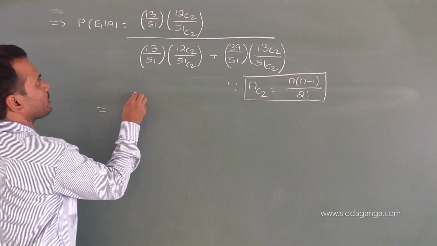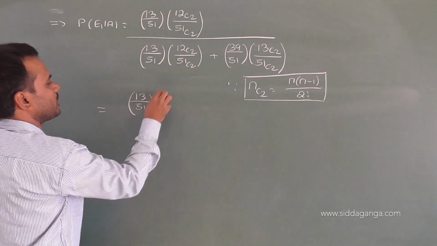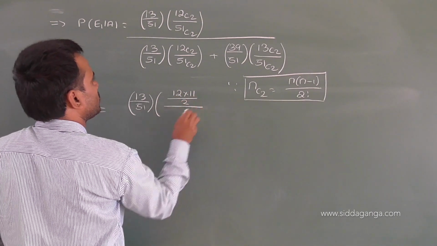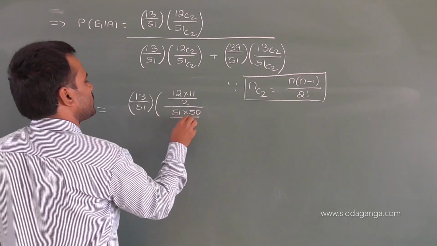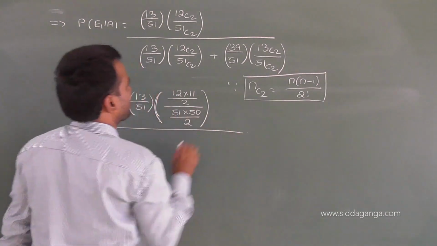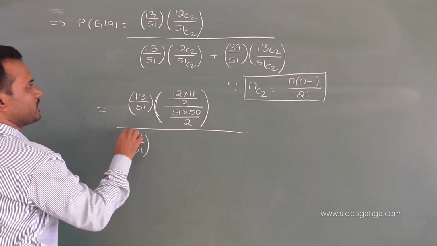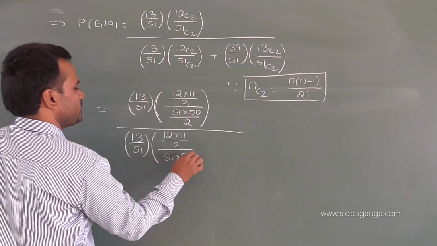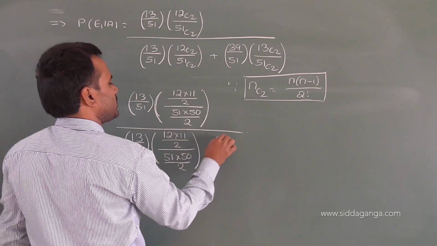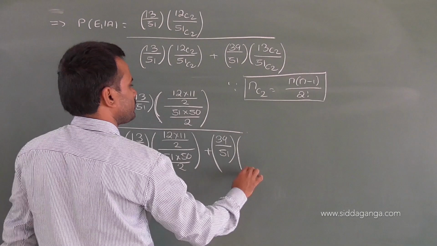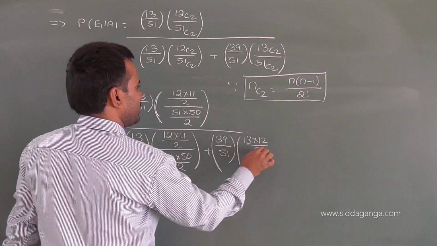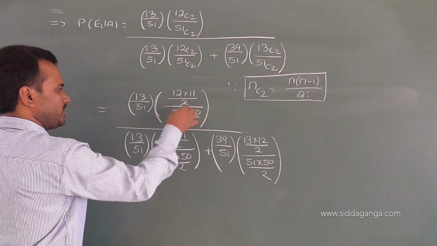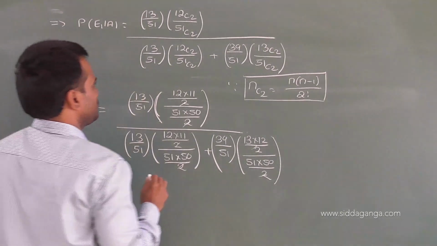So that is equal to 13 divided by 51 into 12 into 11 divided by 2, whole divided by 51 into 50 divided by 2, plus 39 divided by 51 into 13 into 12 divided by 2, whole divided by 51 into 50 divided by 2. The 2s get cancelled.